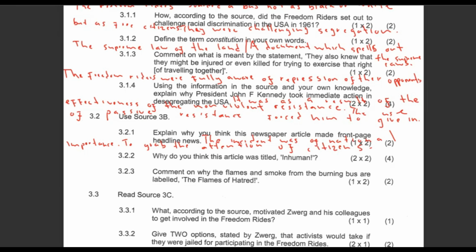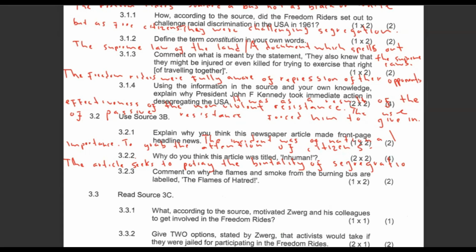Then the second thing is, why do you think the article was titled Inhuman? The article seeks to portray the brutality of segregation.